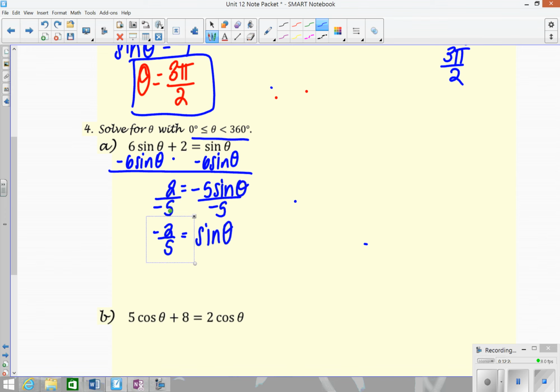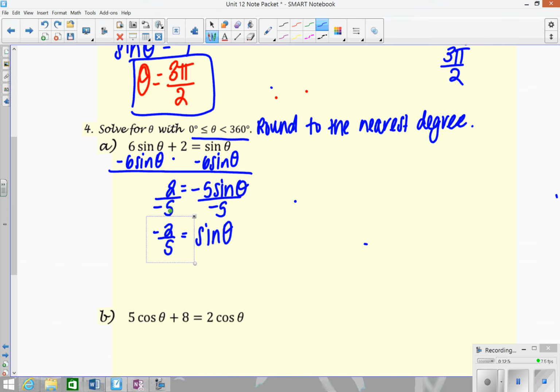And for this one, there's not going to be an exact angle that'll give you -2/5 when you take sine of it. So for this one, there should be rounding directions because we're going to have to round. So we're going to round to the nearest degree. That should have been in the problem, otherwise you wouldn't know what to round to.